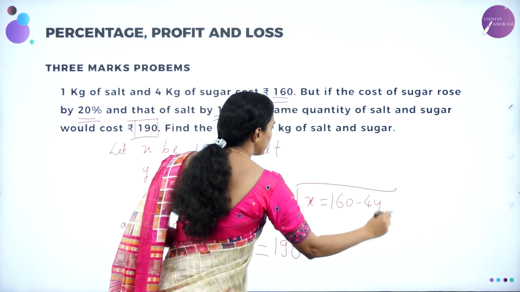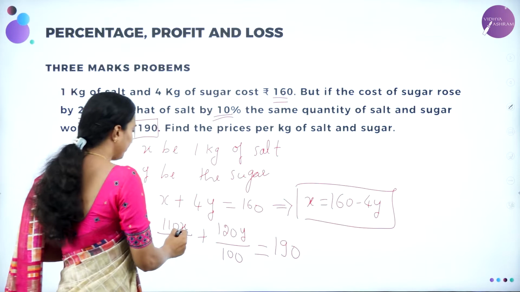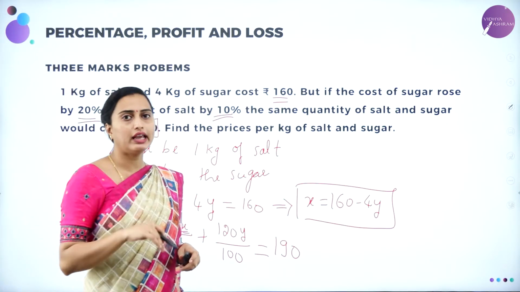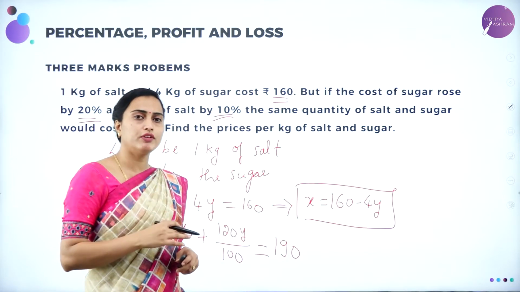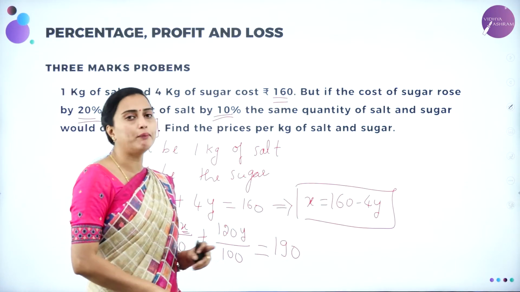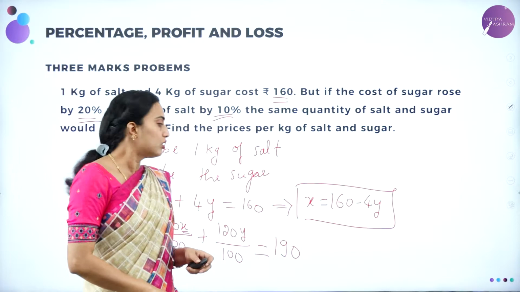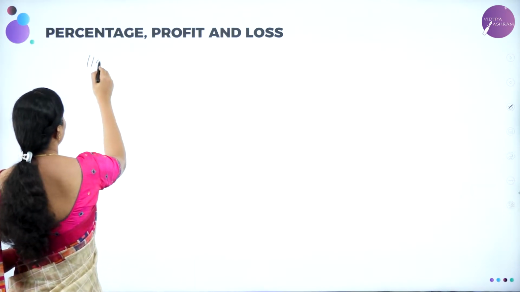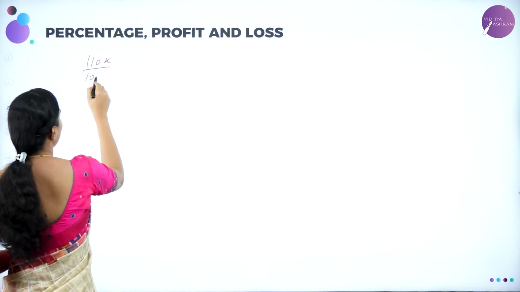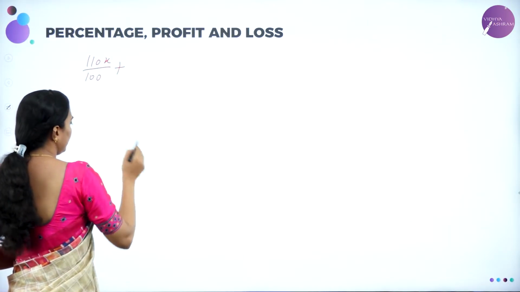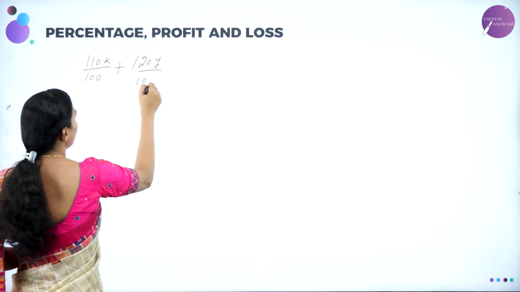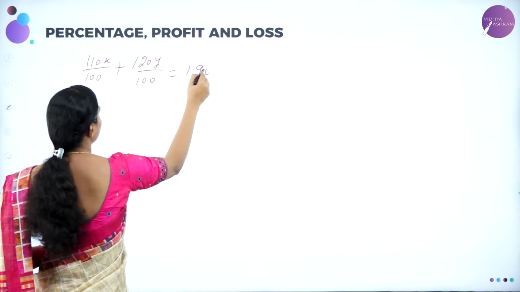So I am going to substitute this x here, and then I get it in the form of only y so that I can solve for y. After solving for y, I can substitute and get x, isn't it? So take this equation: 110x divided by 100 plus 120y divided by 100 is equal to 190, correct?